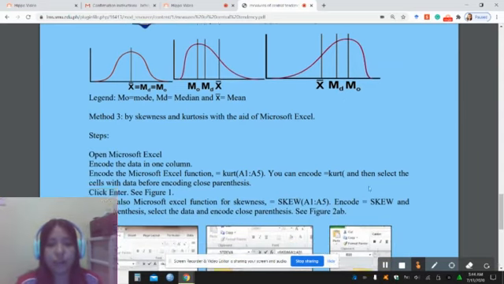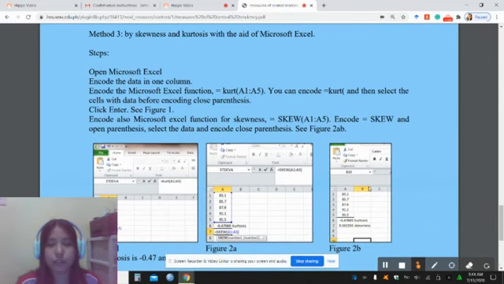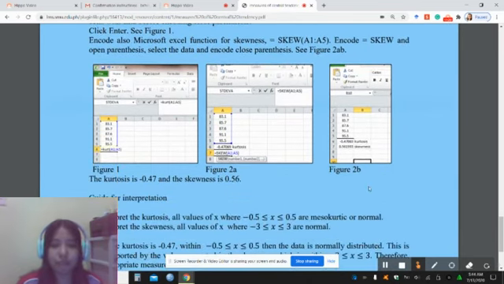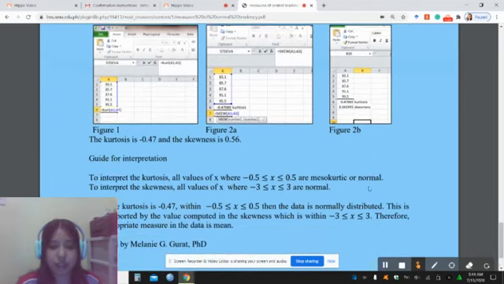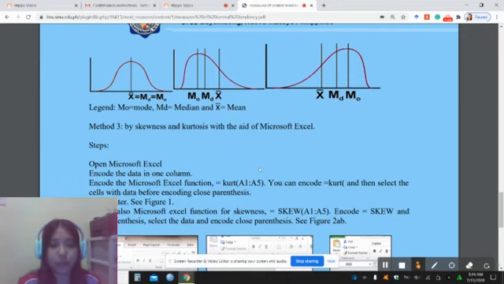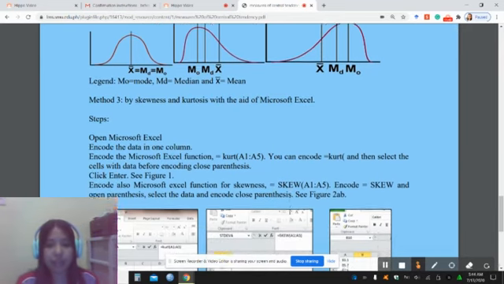And then another way is to use Microsoft Excel to compute for kurtosis and skewness. So this is the function for our kurtosis, equal sign KURT, and then just select the data. Or if you will compute for the skewness, equal sign SKEW and also select the data.